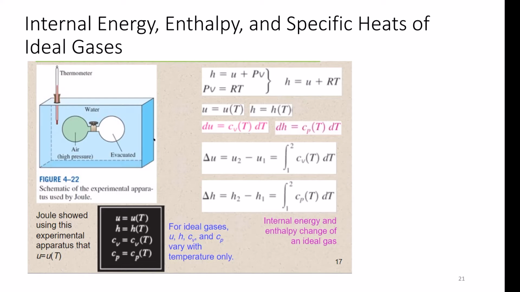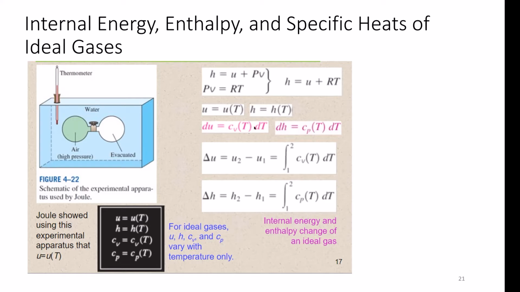Okay, so with this result in mind, from what Joule had done, we now have internal energy as a function of temperature, and then of course the other component of the enthalpy is also a function of temperature for ideal gases, which would result in the enthalpy being a function of temperature.